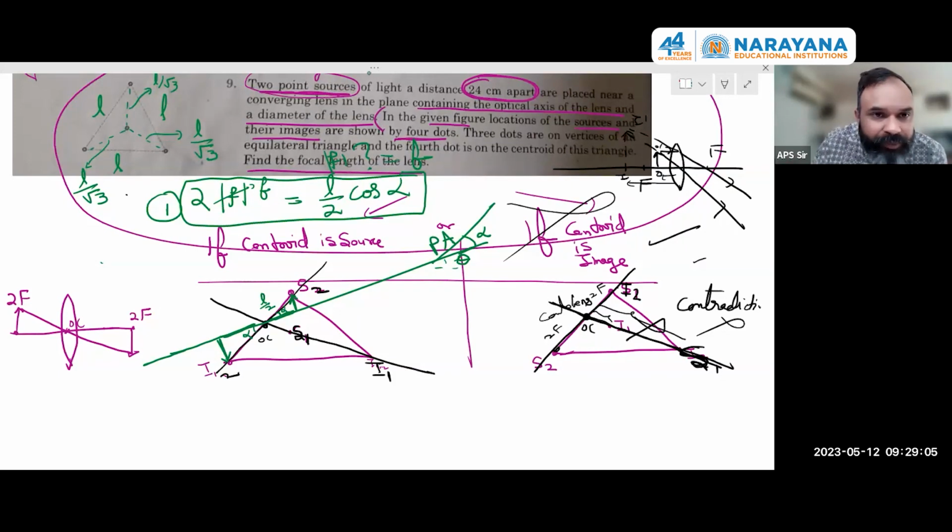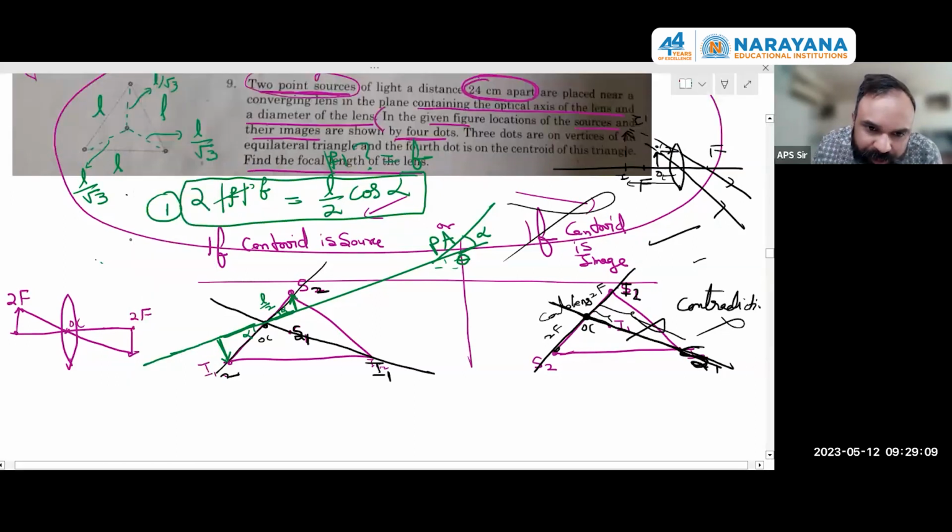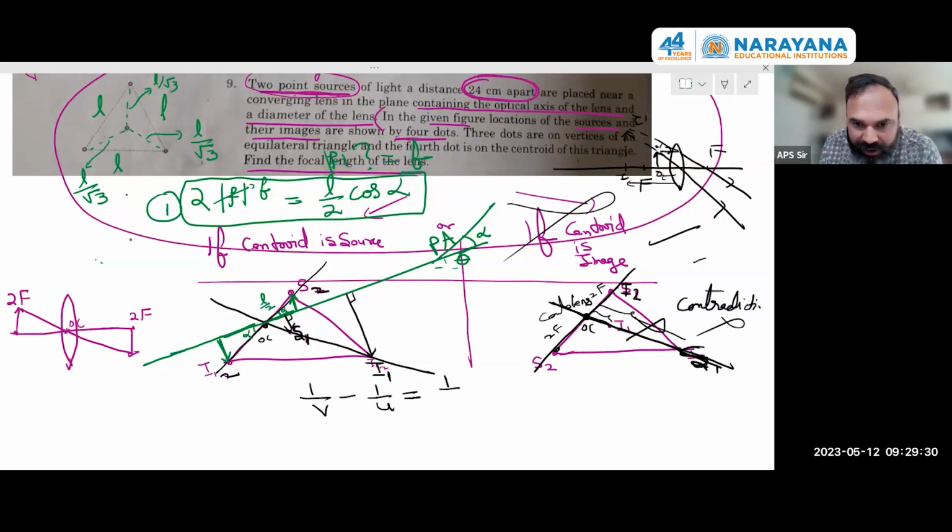Now, the second thing. With respect to the same principal axis, if this was your real source, right here, this was your image. Now let us use the lens formula, 1 by v minus 1 by u equals 1 by f, for the lens kept here, with the optical center here, and this is the principal axis.